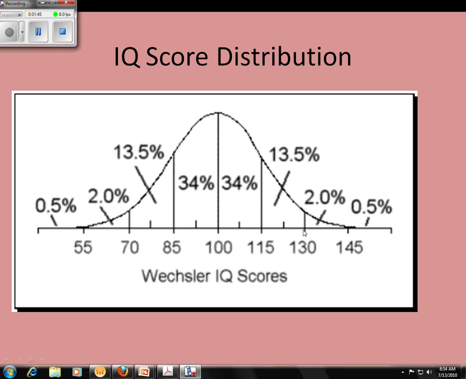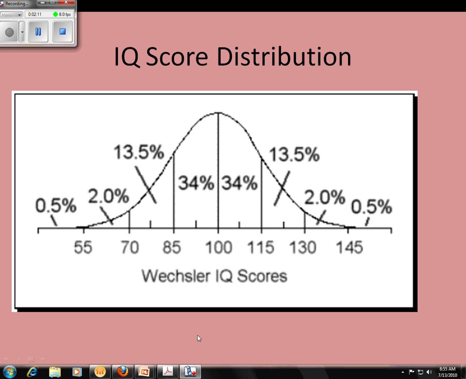Each difference between IQ scores is a standard deviation of 15. In other words, a student functioning one standard deviation above the mean would have an IQ of 115. A student functioning one standard deviation below the mean would have an IQ of 85.